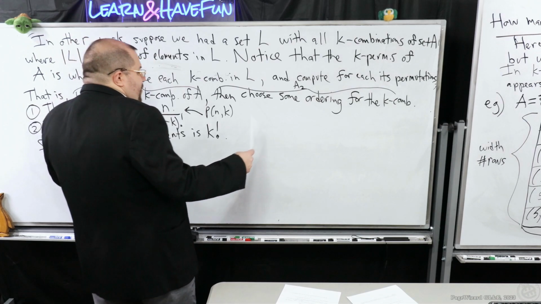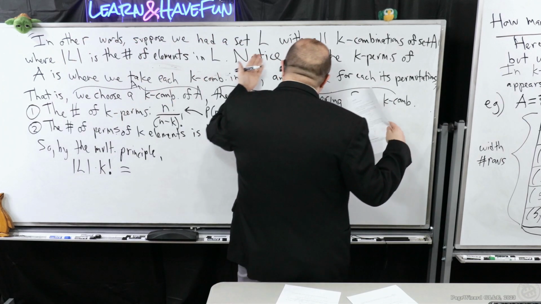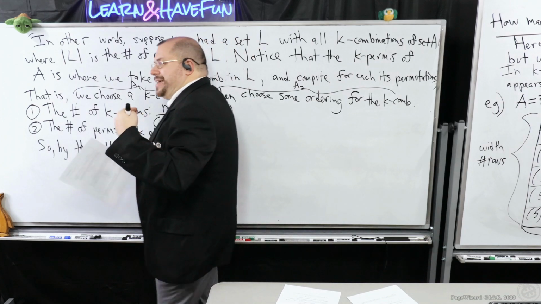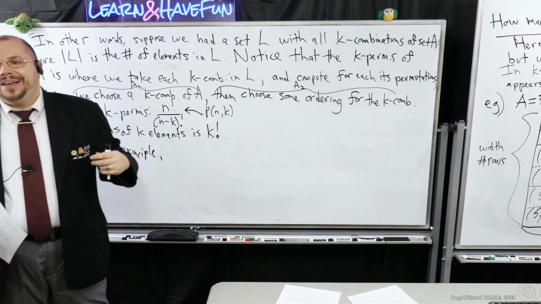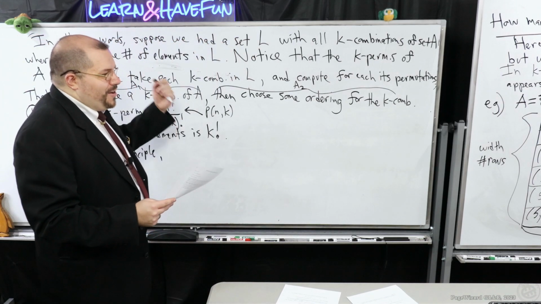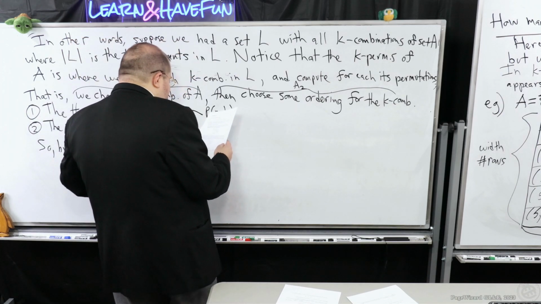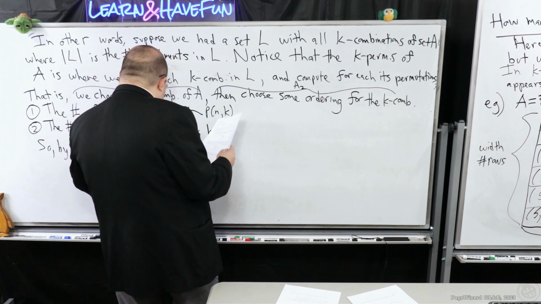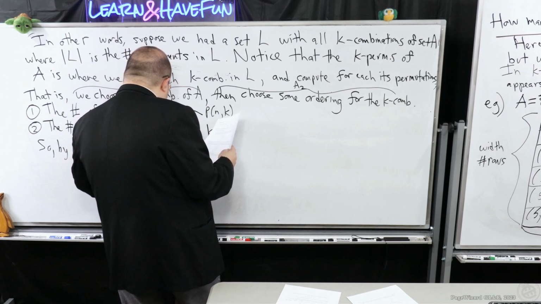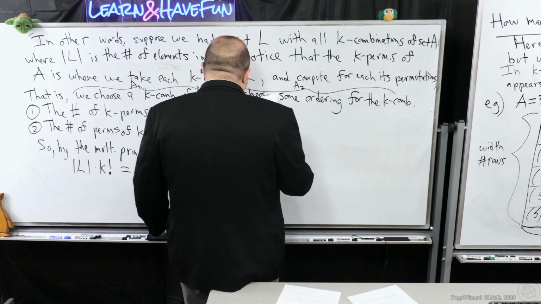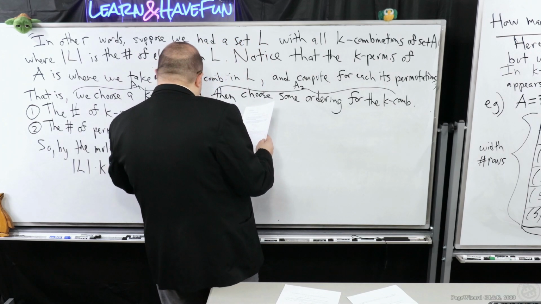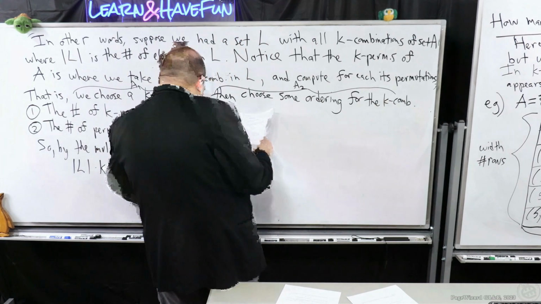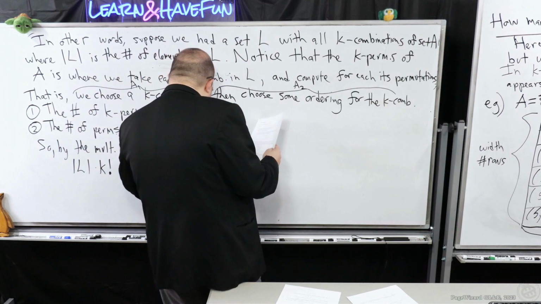Once you assign an ordering to a k combination, that is a k permutation. That means we're exhausting all the k permutations. So that's actually equal to P(n, k), but we could simplify this a little further. This is n factorial over n minus k factorial.